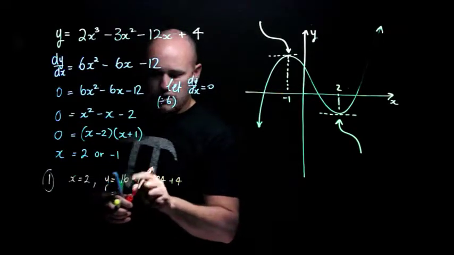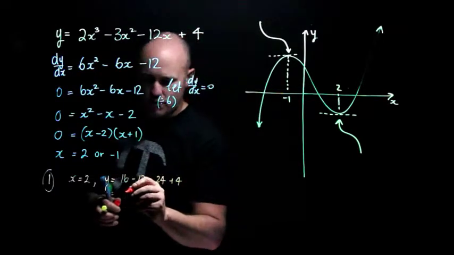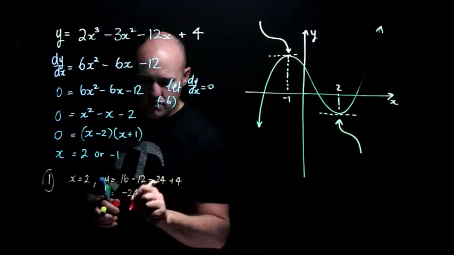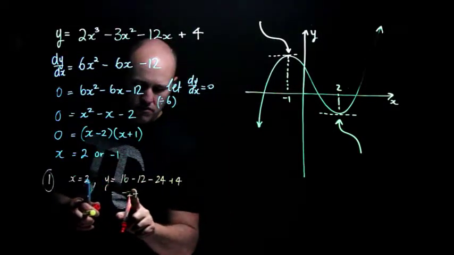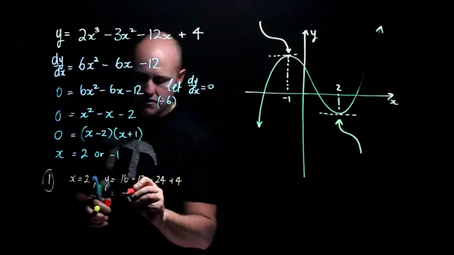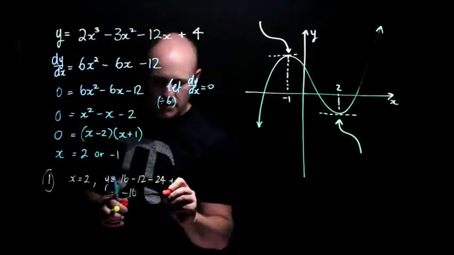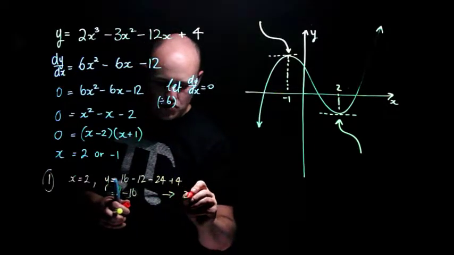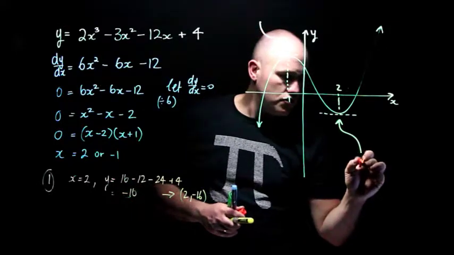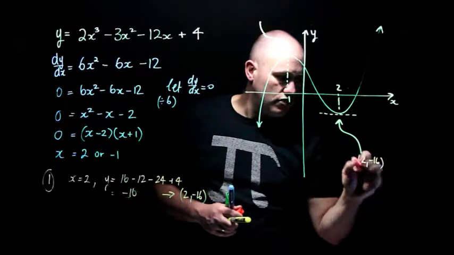Oh, I've got that wrong. So 16 minus 12 is 4, minus 24 is negative 20, plus 4, so this is minus 16. There we go. And so our coordinate here is (2, negative 16), and I can mark that on our graph.